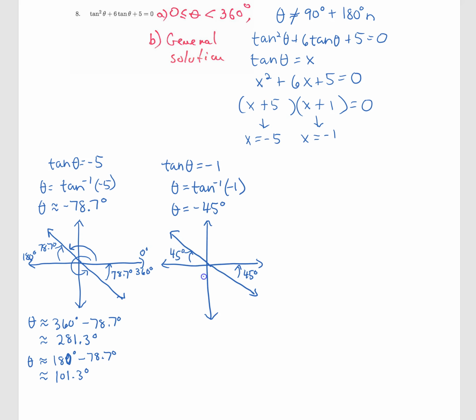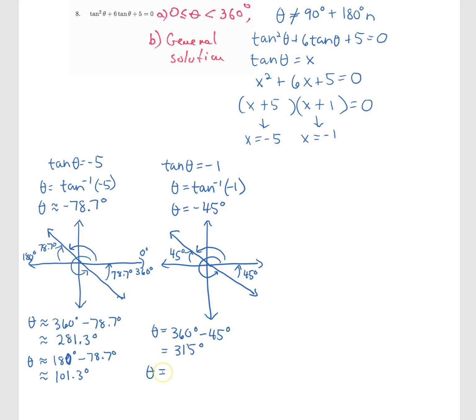But what we're interested in is this angle and this one. So to figure that out, we say theta is equal to 360 degrees minus 45 degrees. That's 315 degrees.